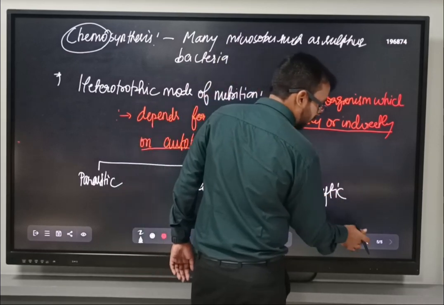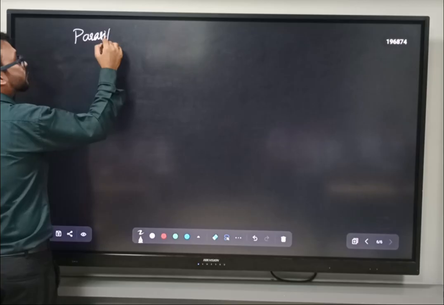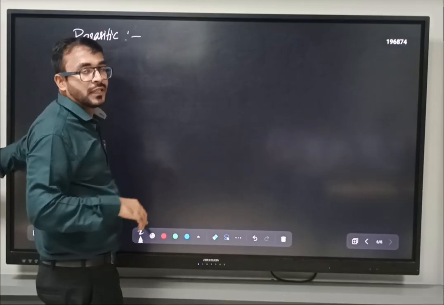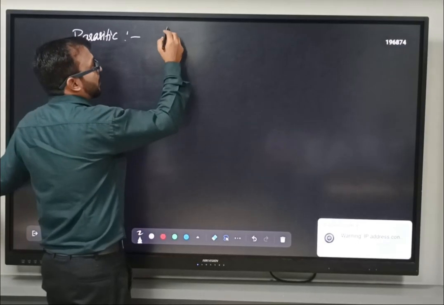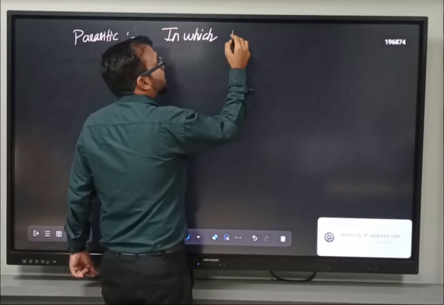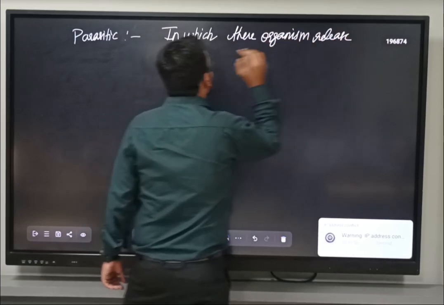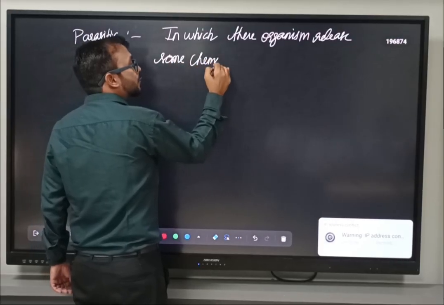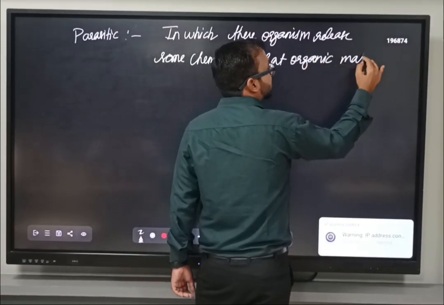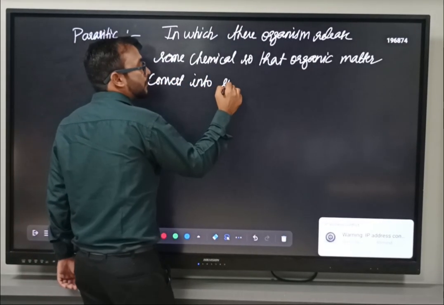So I'm just going to take one of the points here, that is parasitic. As you are aware, parasites depend or feed on another organism to obtain their food. So parasitic are those types of nutrition in which these organisms release some chemicals so that organic matter is converted into inorganic.